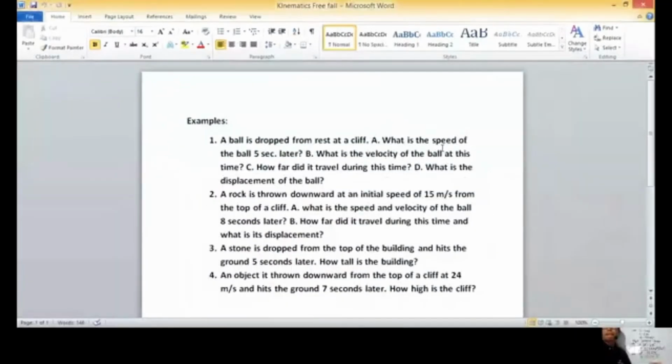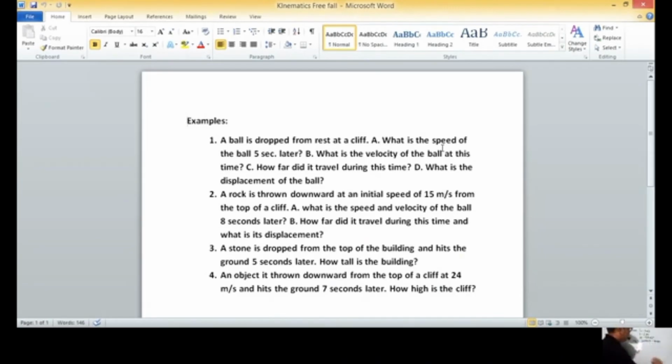Okay, number 4. An object is thrown downwards from the top of a cliff at 24 meters per second and hits the ground 7 seconds later. How high is the cliff? So I'll be writing first the given before I remove the share tray.